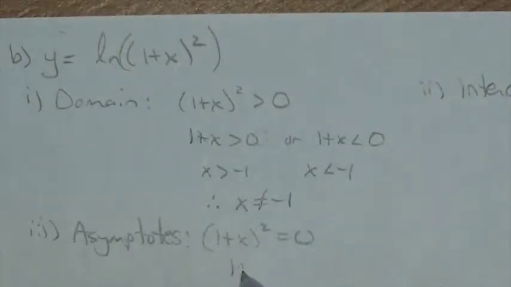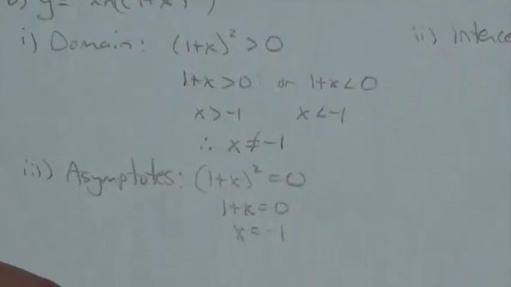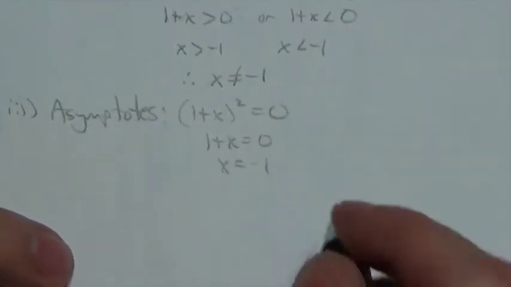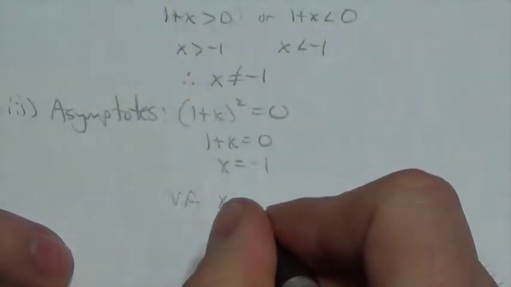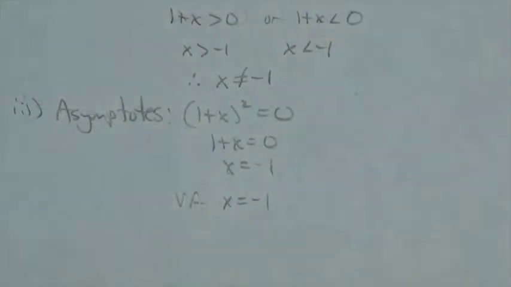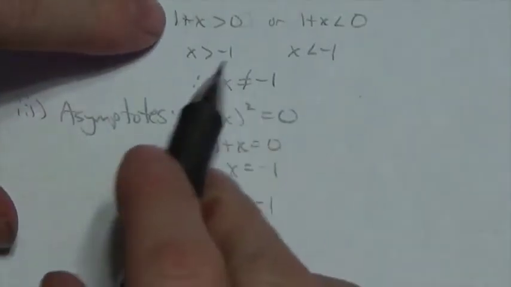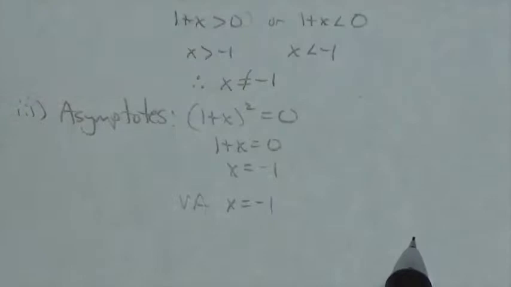Take the square root of both sides. Sorry, you couldn't see that. We are going to get a vertical asymptote here at x equals -1, which sort of makes sense because that was the one non-permissible value that I got out of that whole thing. All right, good.